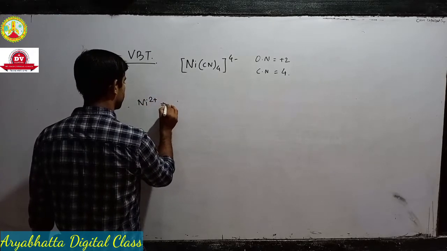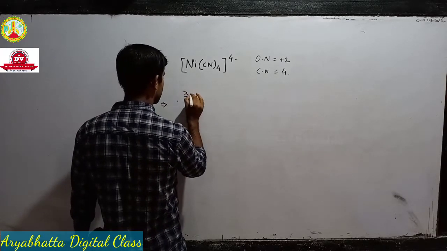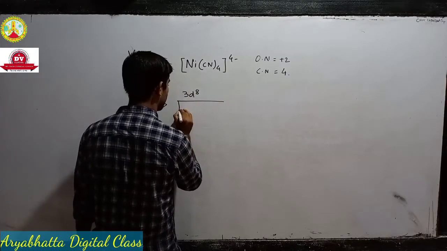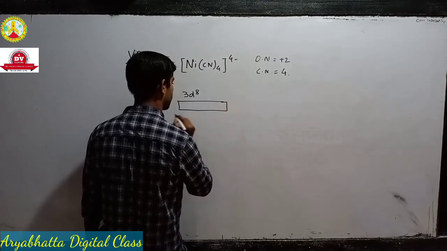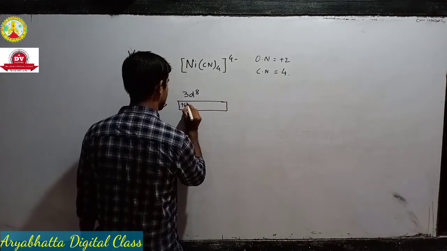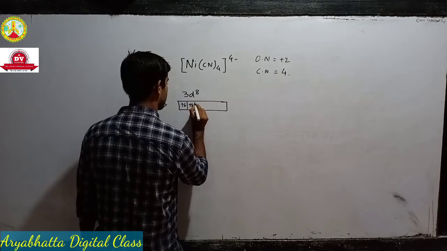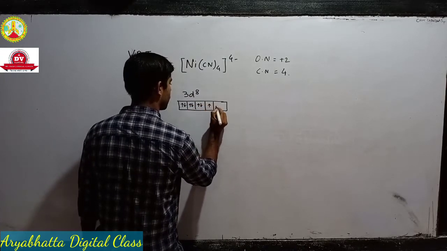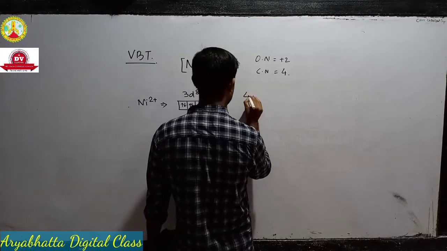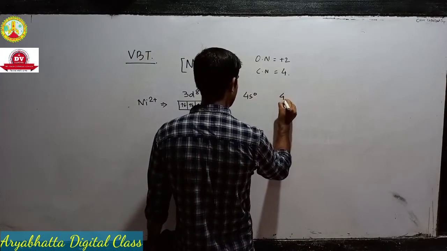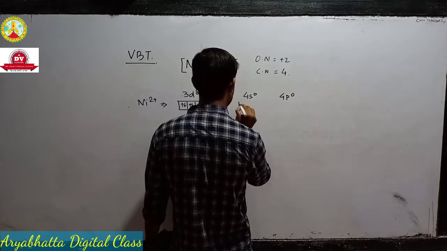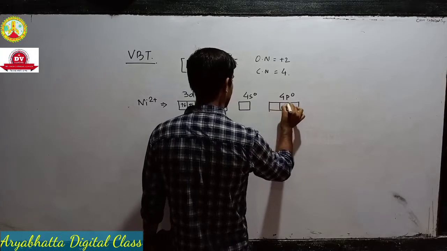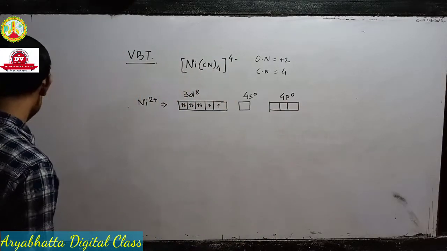So nickel 2 positive has 3d8, 4s0, 4p0 configuration. This is the configuration.